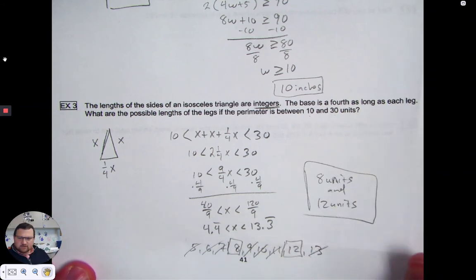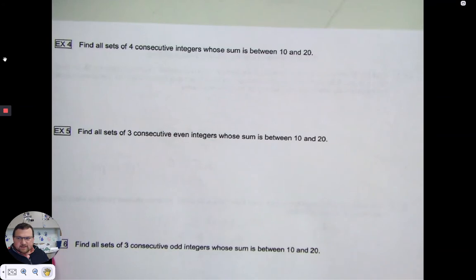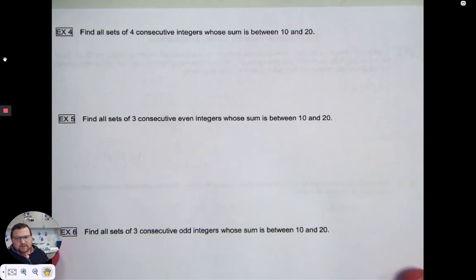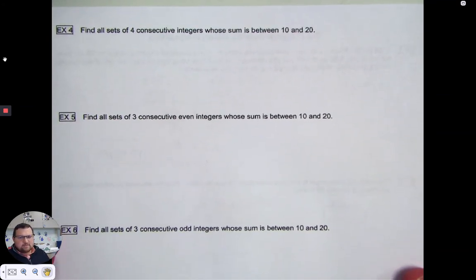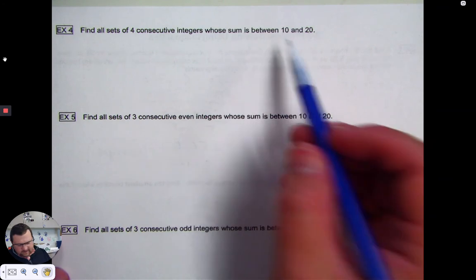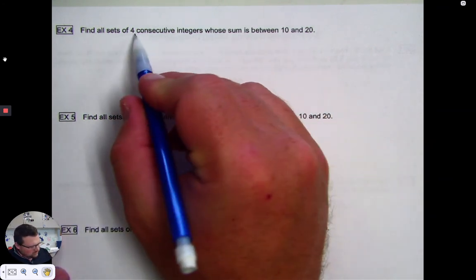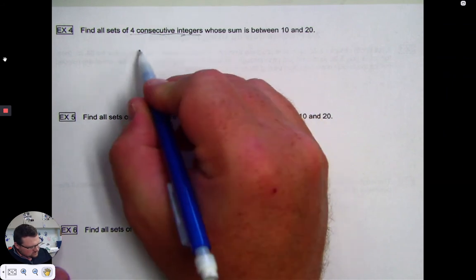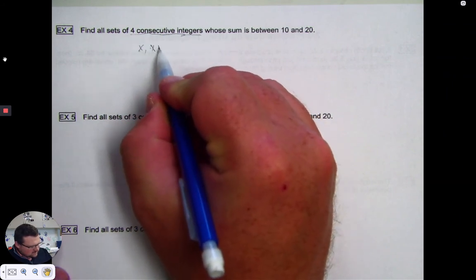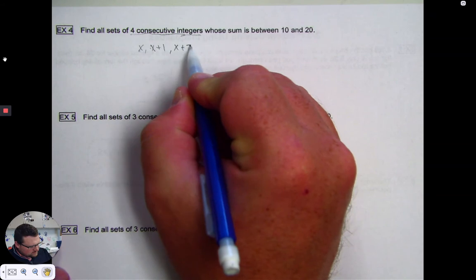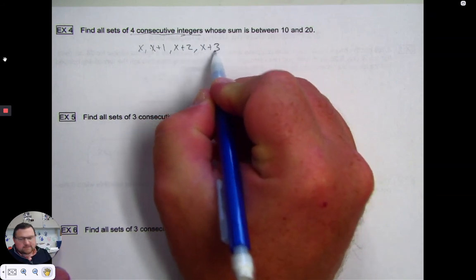All right, on number 4, it says find all sets of 4 consecutive integers whose sum is between 10 and 20. Oh, I guess that does work. So that gives us 4 consecutive integers: x, x plus 1, x plus 2, and x plus 3.